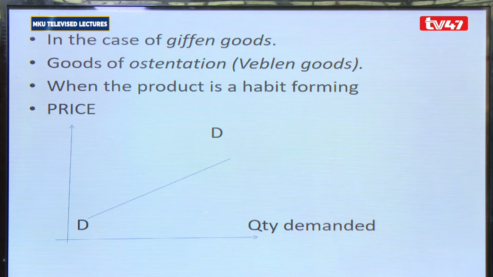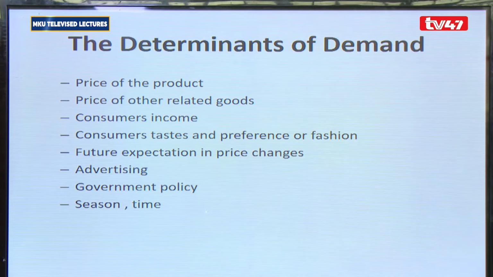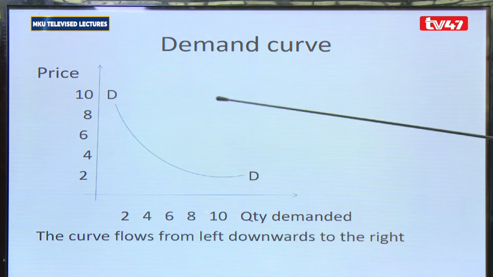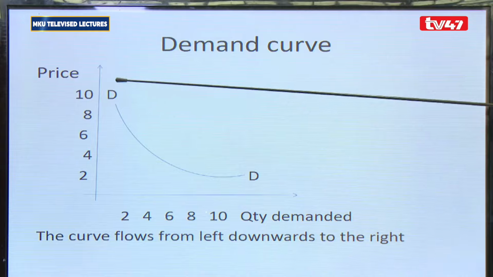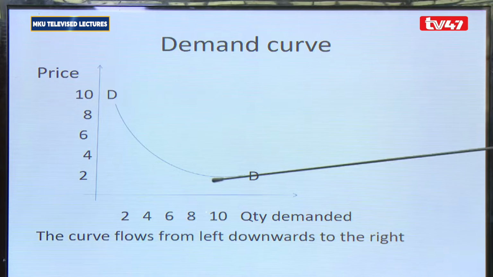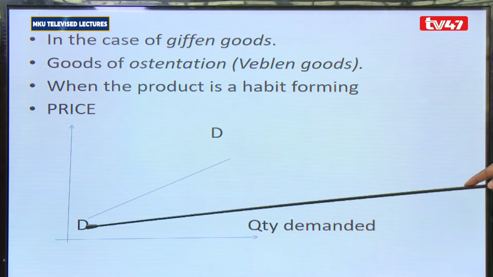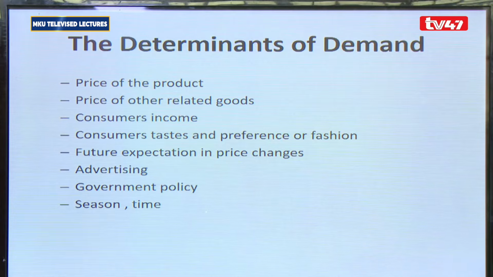I want us to go back and compare the demand curve here. In normal circumstances, it will flow from left downwards to the right. But when this law is not obeyed, the demand curve flows upwards from the left to the right. That is the difference when the law of demand is not obeyed.